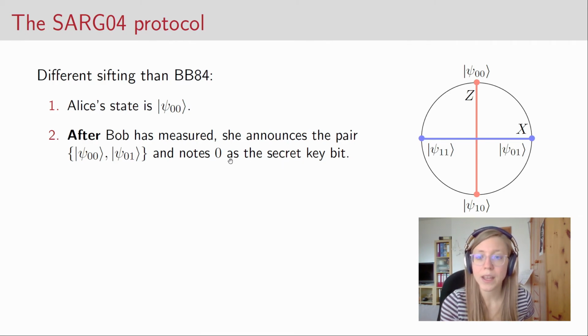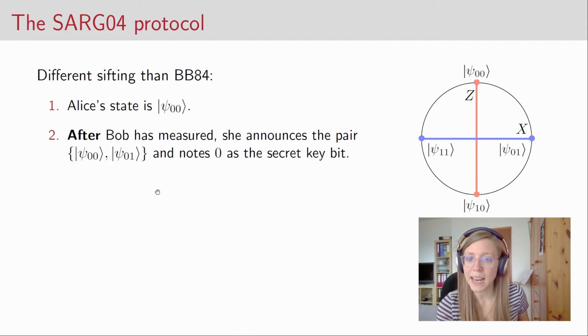Why 0? Because the 0 means that the state that she has actually prepared and sent was in the computational basis. So you see the secret key bit here is actually determined by the basis she has used for the encoding.